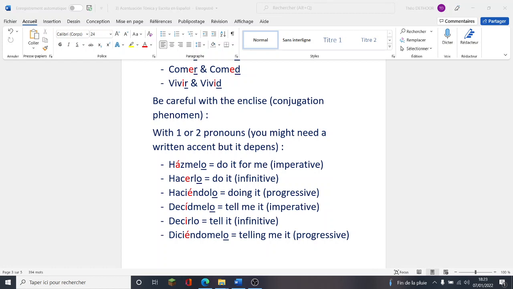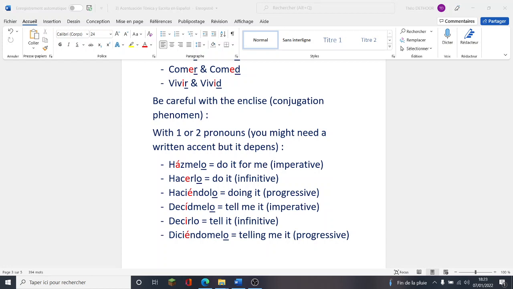Basically, in Spanish, you will have to follow some patterns in order to be logical when you're trying to stress a word and pronounce it. You have the raw forms of some verbs, and then you have the forms with pronouns.